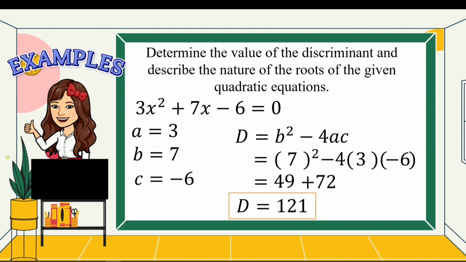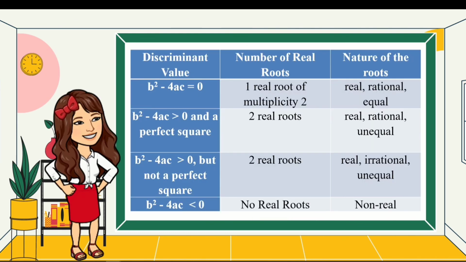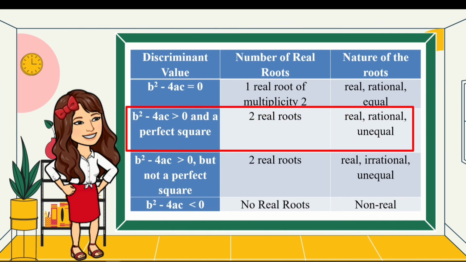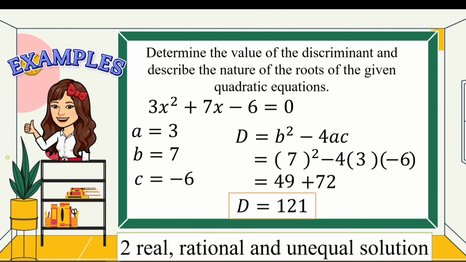Did you get the same answer? Very good. Going back to our table, the answer is 121. 121 is greater than 0 and a perfect square number. Therefore, the answer will be 2 real, rational, and unequal solutions.